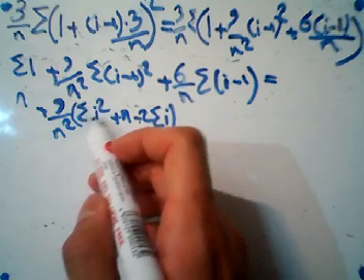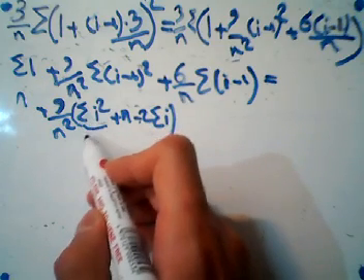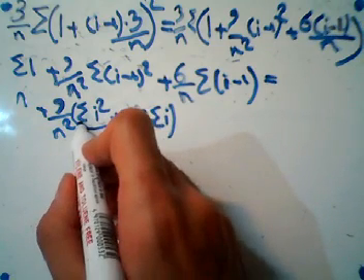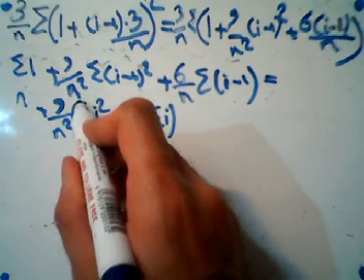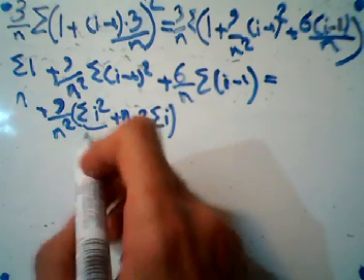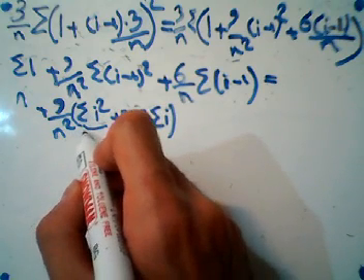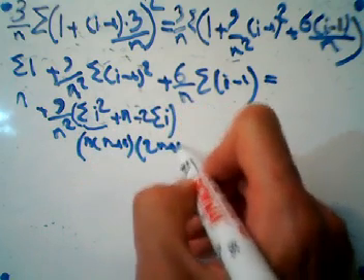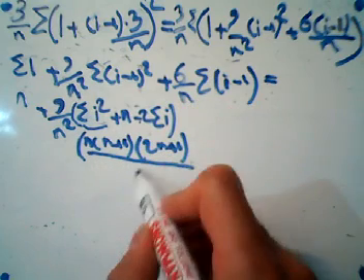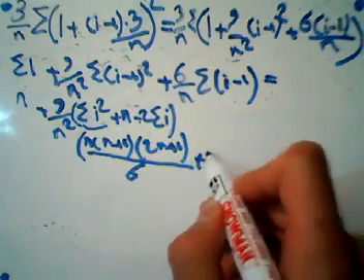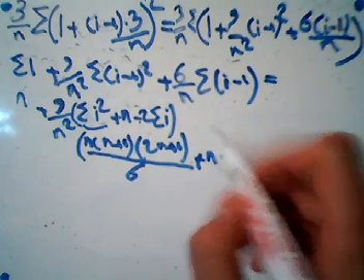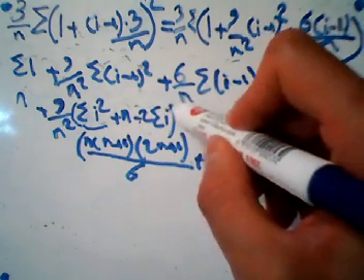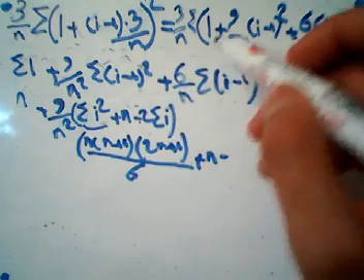Okay, now what was it? According to the formula I gave you in the first video, this sum from i equals 1 to i equals n, I didn't write it here, so that would be n times (n plus 1) times (2n plus 1) over 6, plus n, minus, and this is according to another formula I gave you, n times (n plus 1) over 2.